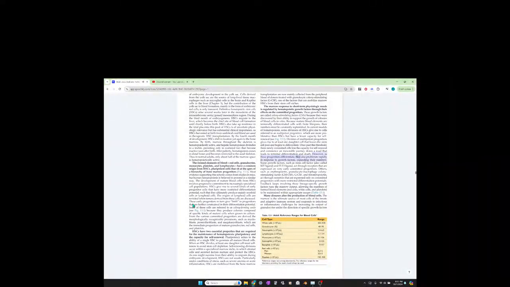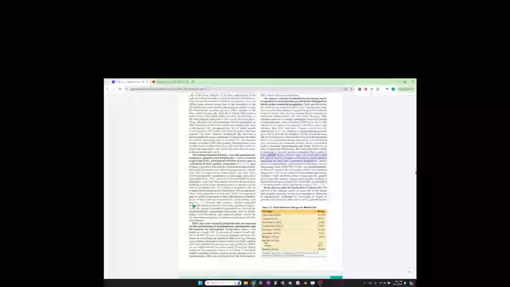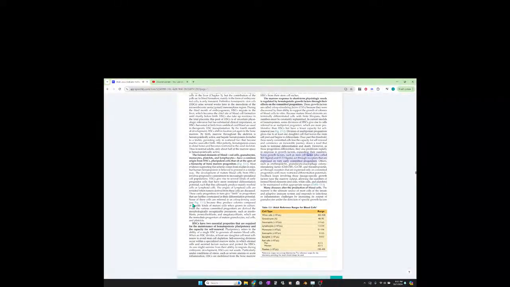However, as these progenitors differentiate, they also proliferate rapidly in response to growth factors, expanding their numbers. Some growth factors, such as stem cell factor and FLT3 ligand, act through receptors that are expressed on very early committed progenitors.